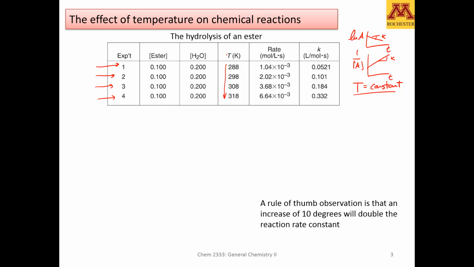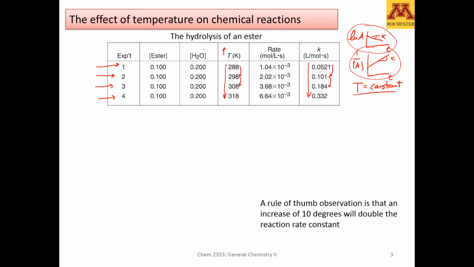Notice that in here we increase the temperature and we calculate the kinetic constant. For each of these experiments, one would need to plot one of these plots, get the slope, and therefore calculate the kinetic constant. What we see is that every time we increase the temperature by more or less 10 degrees, the kinetic constant pretty much doubles.